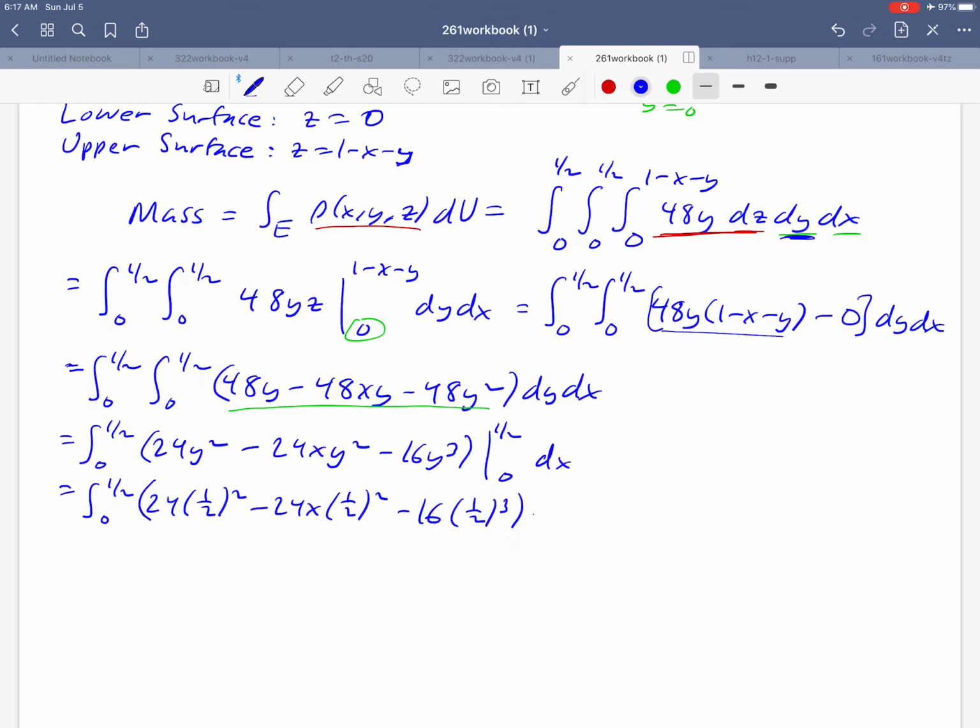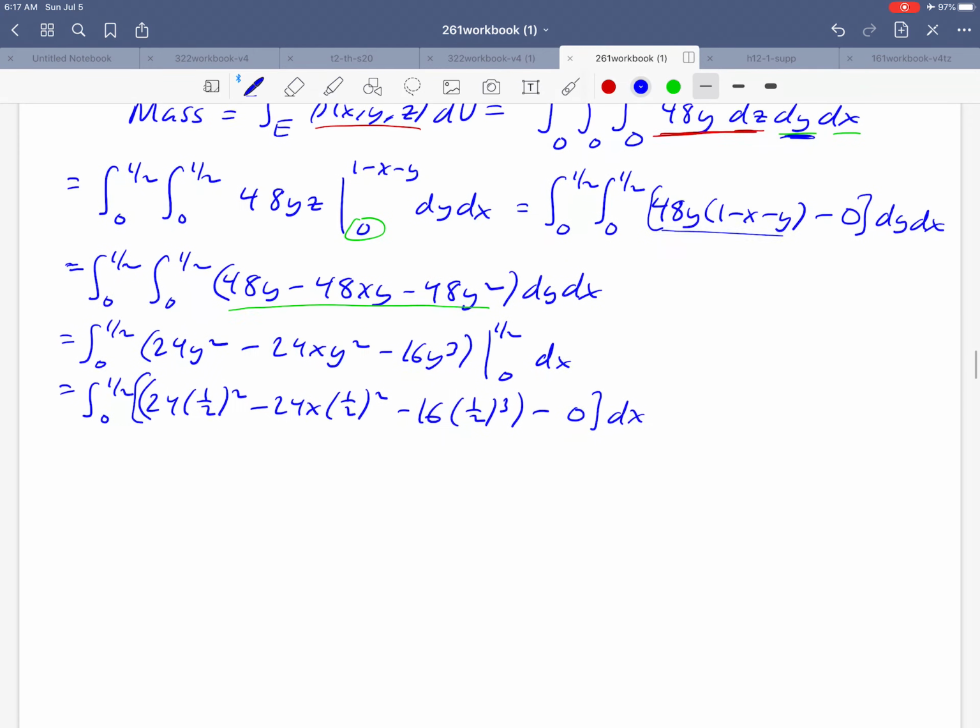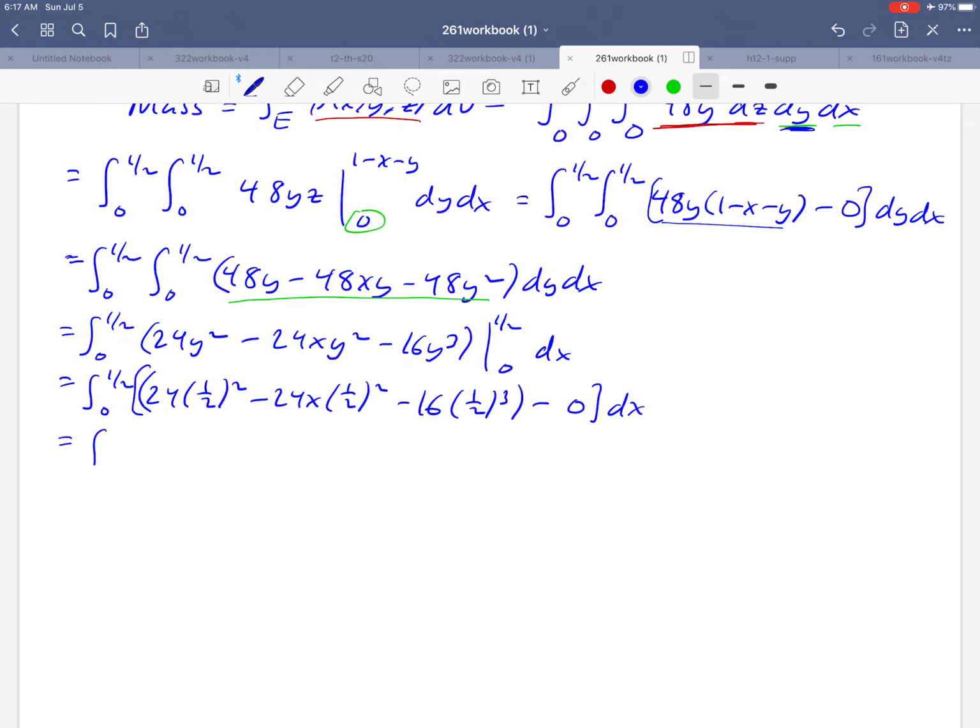There's our upper limit, and for our lower limit, we'd just be plugging in 0 for all of our y's, so that's again going to be 0. Without going through all of the algebra here, I'm just going to show you what this looks like if you simplify all of it. This is going to collapse down nicely to just 6 minus 6x minus 2.